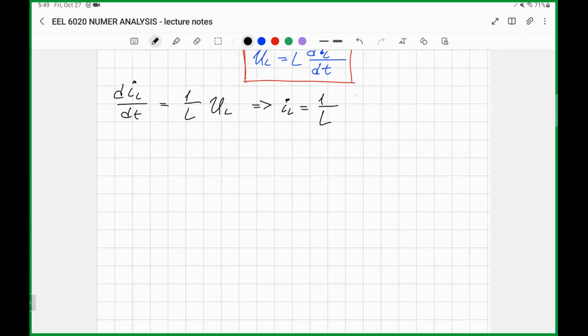It's going to be 1 over L, the integral from 0 to moment t of the voltage U_L of some integration variable theta, d theta, and plus maybe some constant if the current wasn't 0 in the initial moment of time.